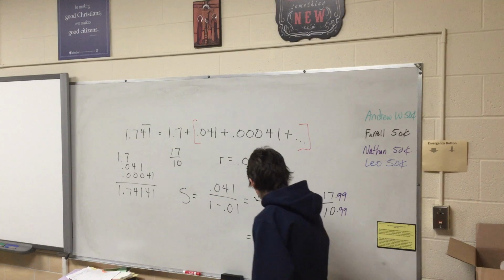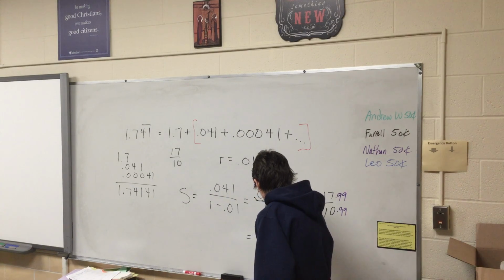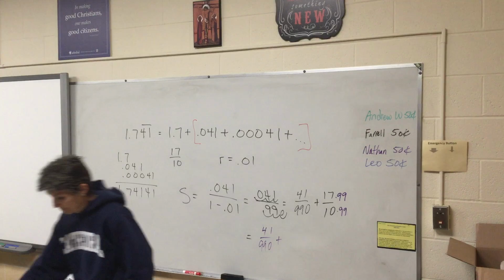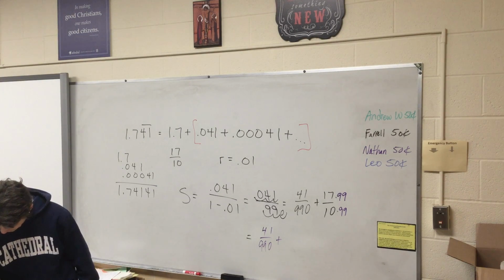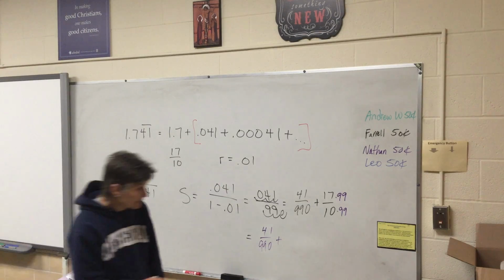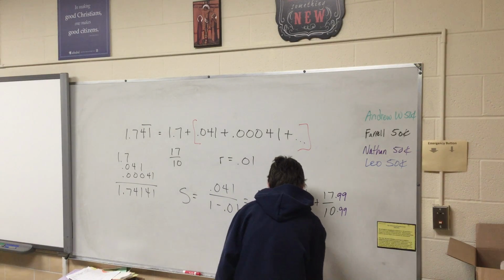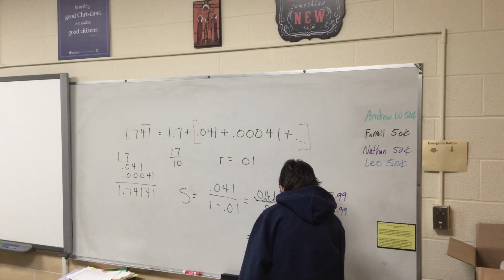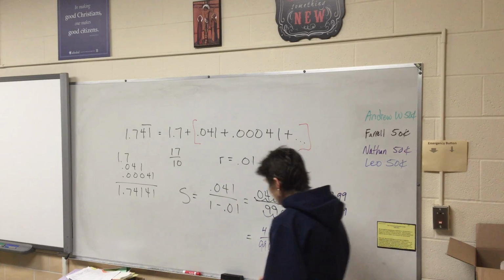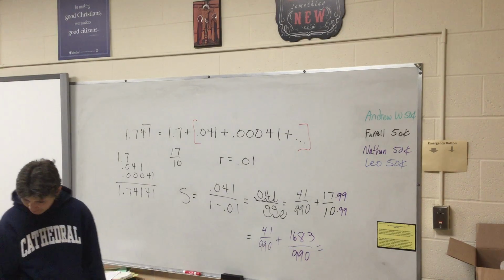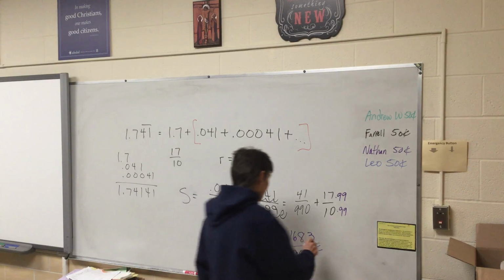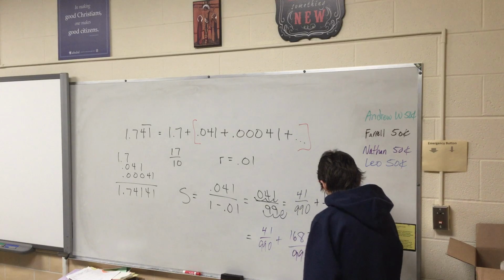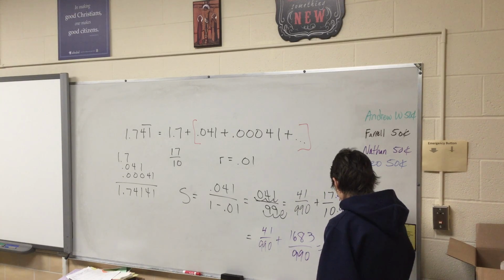So I have 41 990ths plus, I'll use my calculator to help me, 1683 990ths. And now I can add those together and get 1724 990ths.